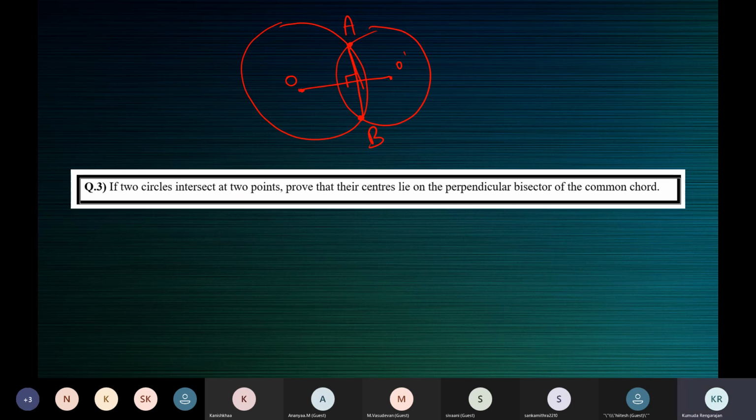O is the center of the first circle, O dash is the center of the second circle. We need to prove these results. OO dash is perpendicular to the common chord AB. Also, OO dash bisects the common chord AB.